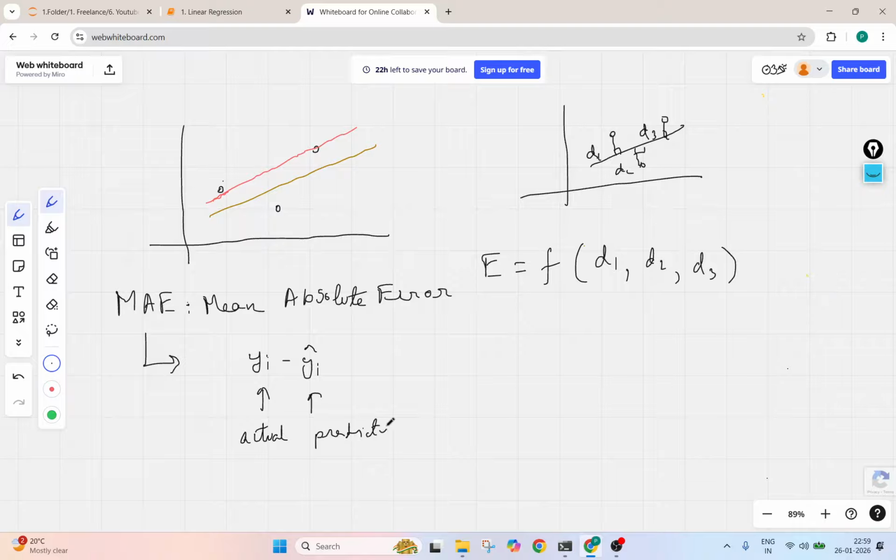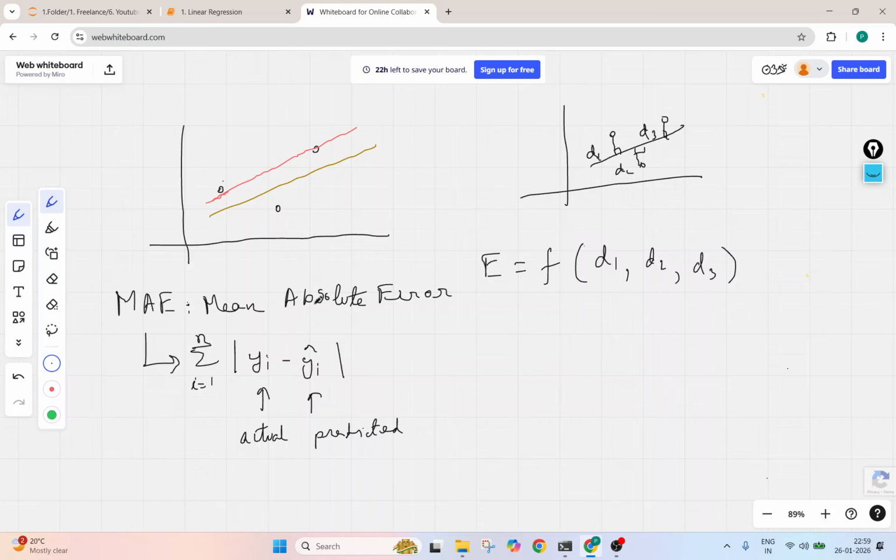So actual minus predicted value, and I'll take the absolute value of this subtraction. And since I have taken i, I must run through a loop, so i equals 1 to n. For all the points, repeat the same thing: actual value minus the predicted value for i equals 1, for i equals 2, dot, dot, dot, for i equals n, right?